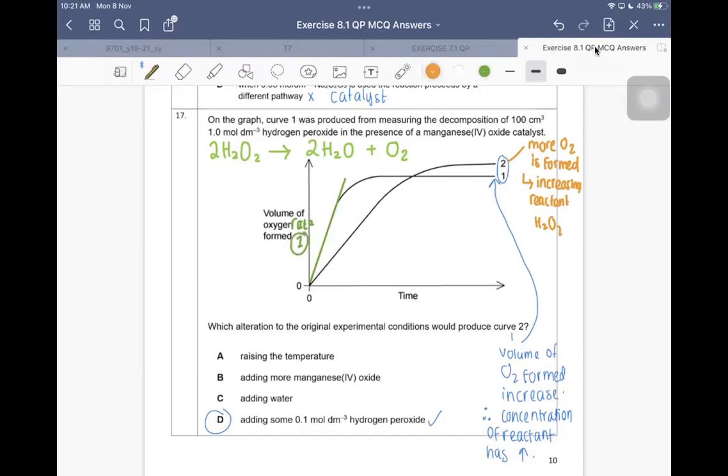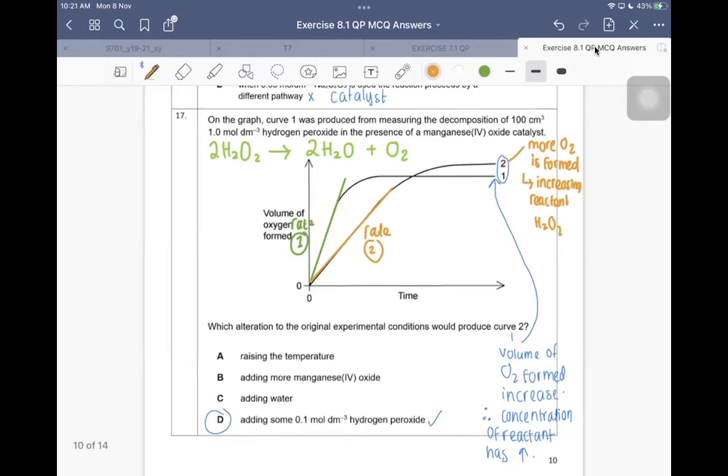And then you compare to the rate of reaction 2. Reaction 2 has a lower or a slower rate. Now you may ask, why is it that I'm increasing the amount of hydrogen peroxide, yet my reaction is getting slower?